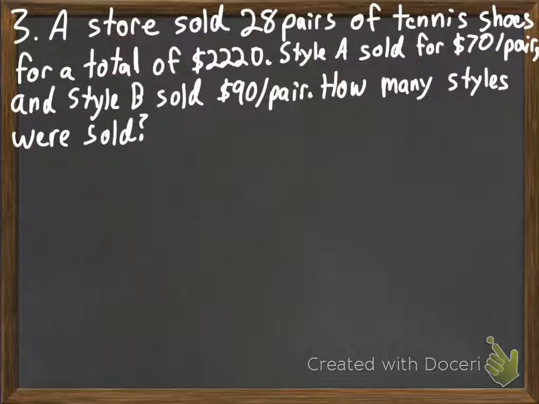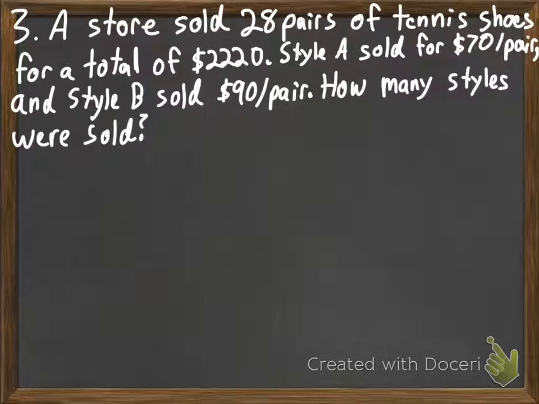Other times you'll see questions like this, where you have a scenario. So here we have a store that sold 28 pairs of tennis shoes for a total of $2,220. They have one style, style A, that sold for $70 a pair, and style B that sold for $90 a pair.